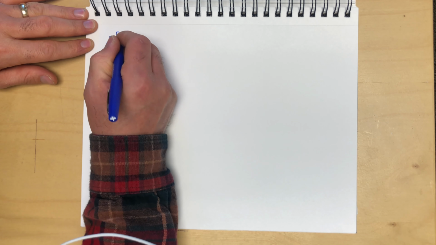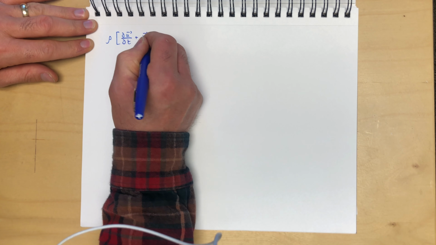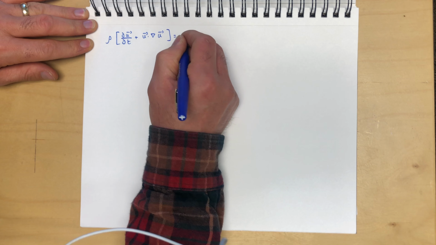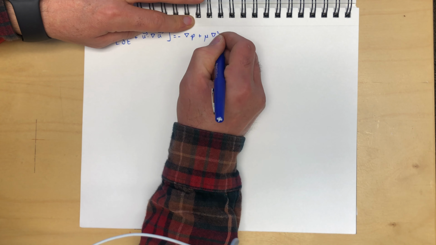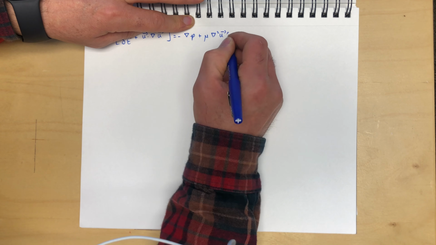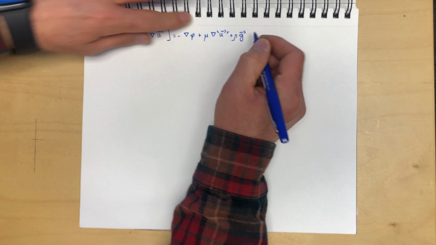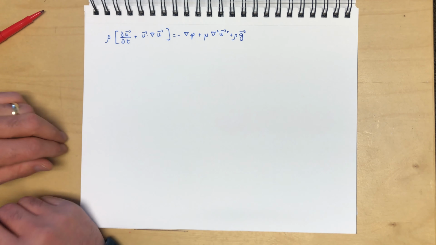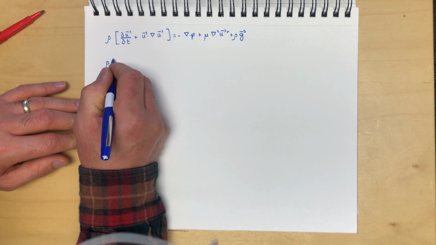Okay. Now let's look at the momentum equation. We have rho (du/dt plus u dot grad u) equal to minus grad p plus mu del squared u plus rho g. Now we're going to do the same thing we did for the continuity equation. So we have rho.